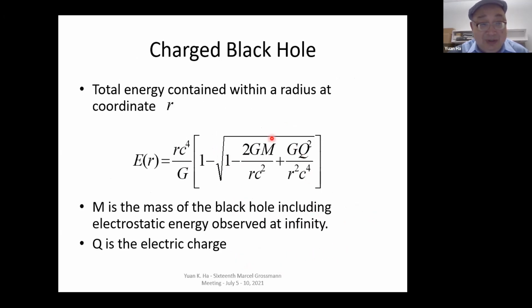For a charged black hole, the total energy contained within a radius at coordinate r is shown by a similar formula. Again, you notice a square root factor, which is the curvature of the charged black hole space-time. Again, at the horizon of this charged black hole, the square root factor will disappear, and we have a simpler result.